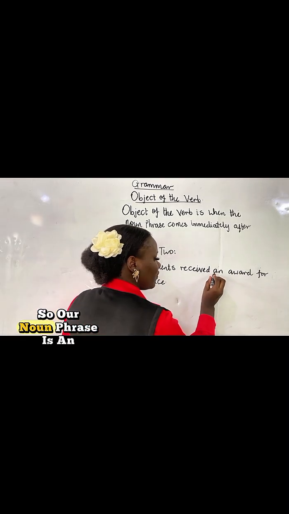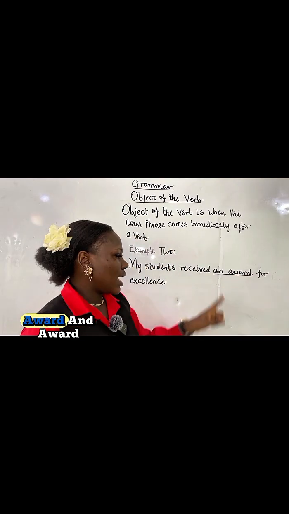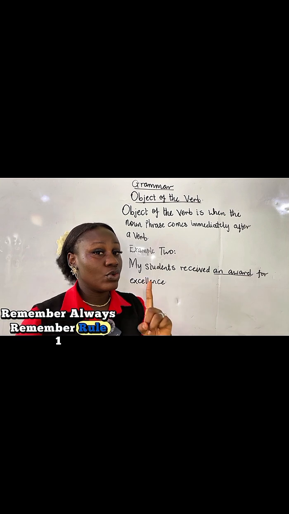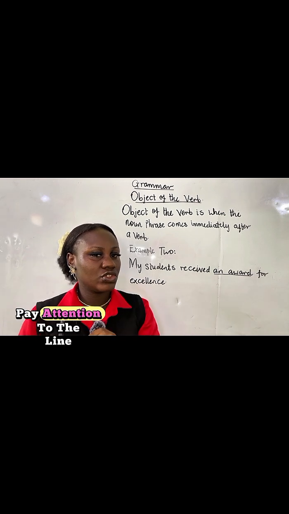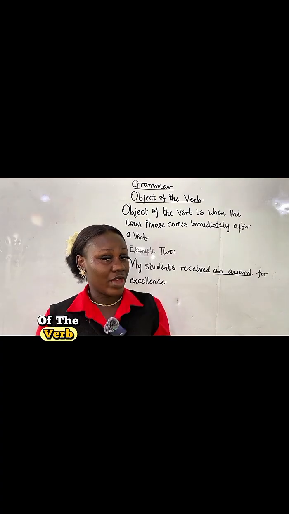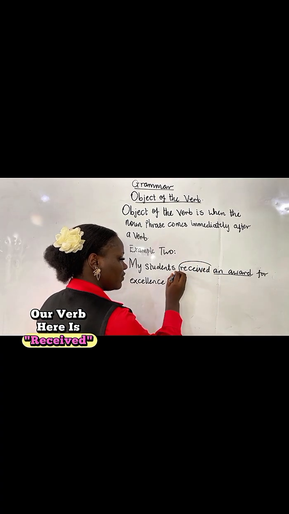So, our noun phrase is an award. Always remember rule 1, pay attention to the line. And considering that it is object of the verb, our verb here is received.